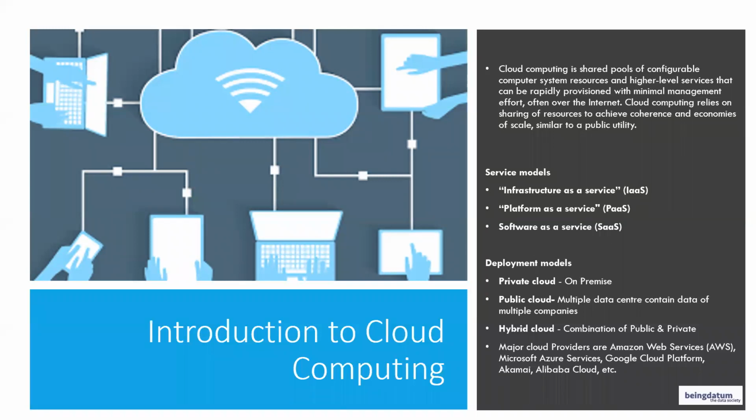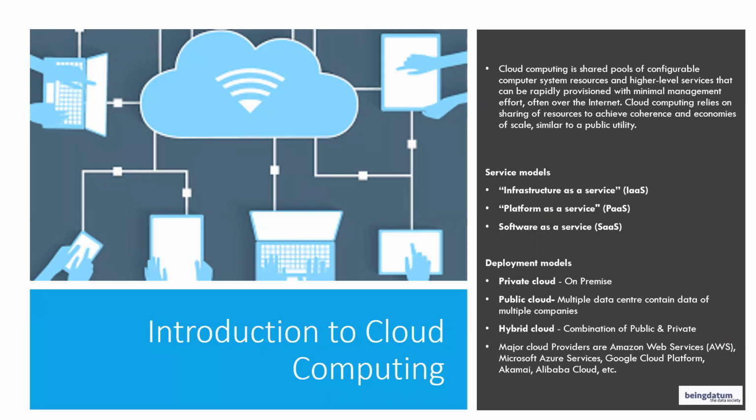Now, hybrid cloud is a combination of both public as well as private. This particular cloud model is used by most of the companies, where they utilize the services of the public as well as the private services also.